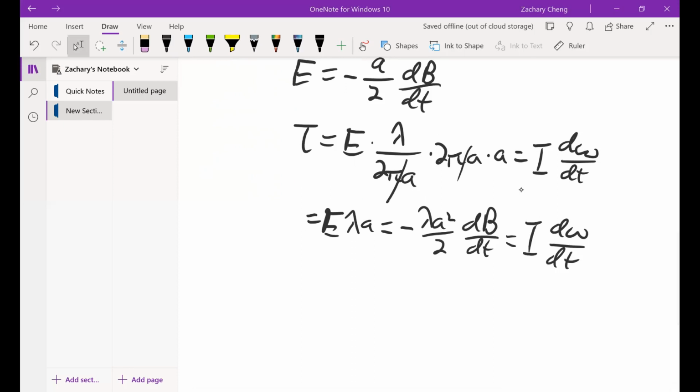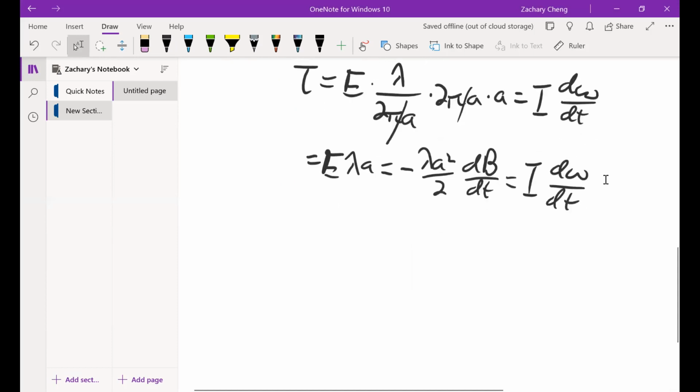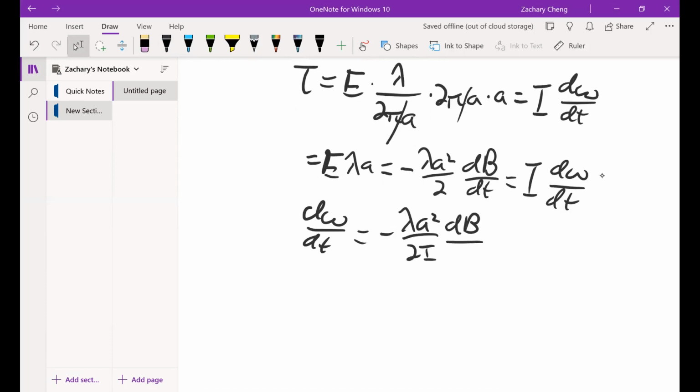So now we want d omega over dt, of course. So d omega over dt is equal to negative lambda a squared over 2I times dB over dt.